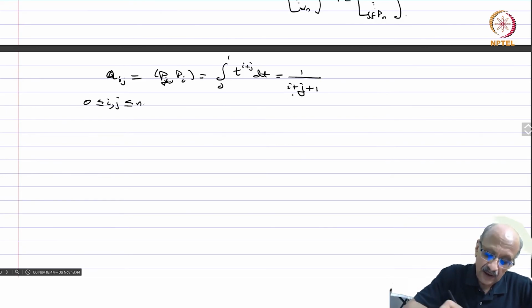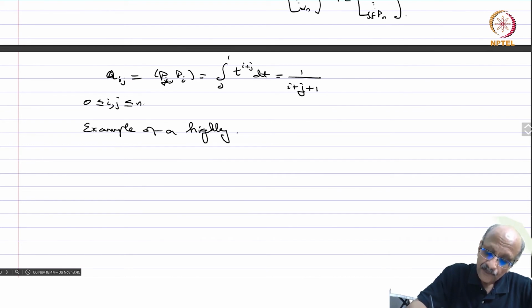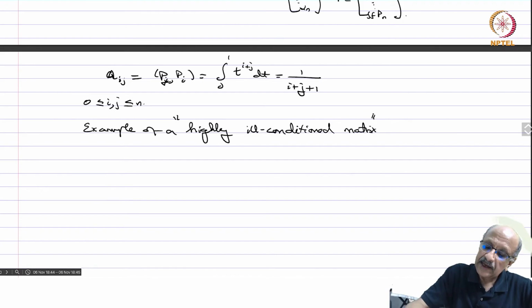In fact, this is an example of a highly ill-conditioned matrix. So this matrix whose entries are 1 by (i plus j plus 1) is an example of a highly ill-conditioned matrix.